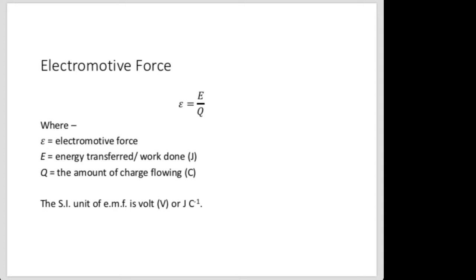Like I said just now, the SI unit of EMF is volts or joules per coulomb. So once again, very similar to the formula for voltage. The formulas are similar, the units are similar, but here is where the difference is. And we will get into solving problems later.